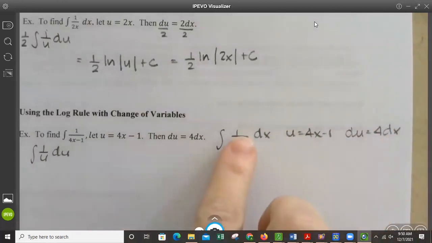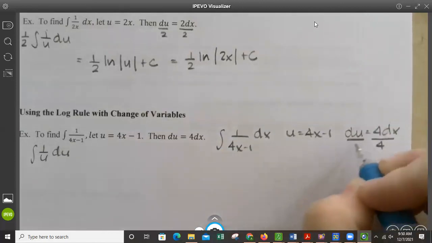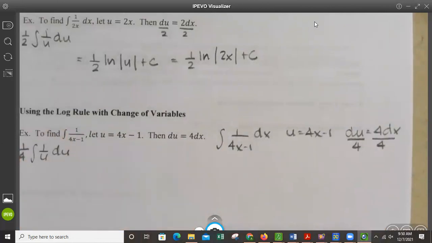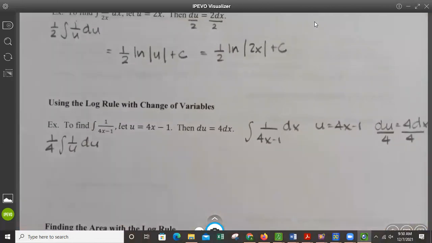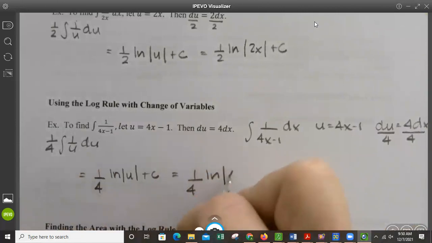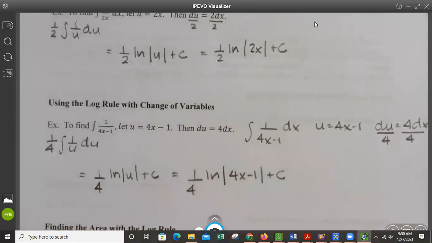I don't want 4 dx, I want 1 dx. So what do I have to do? Same thing that we've been doing. We're going to throw our 1/4 to the outside. So 1/4 times the integration of 1 over u, which is ln absolute value of u plus c. And what was u? And that's it. Nothing any different than we've been doing.